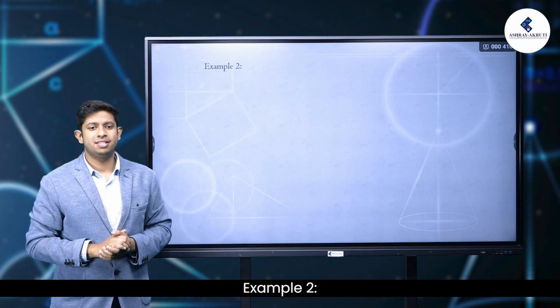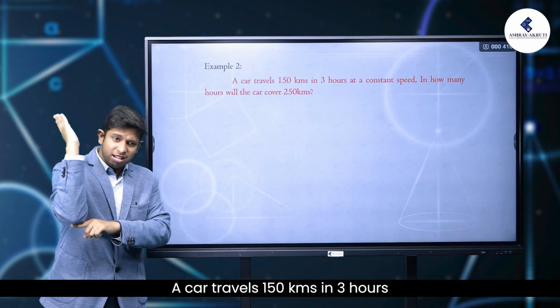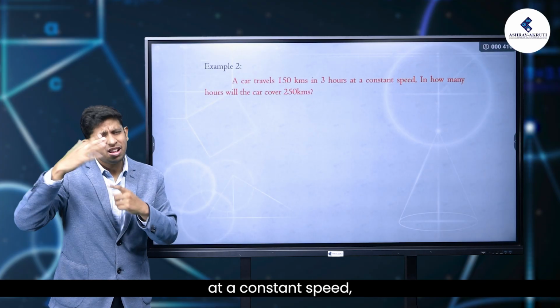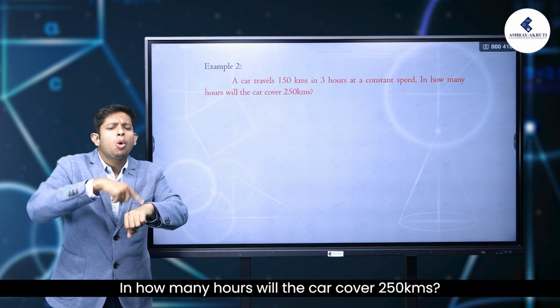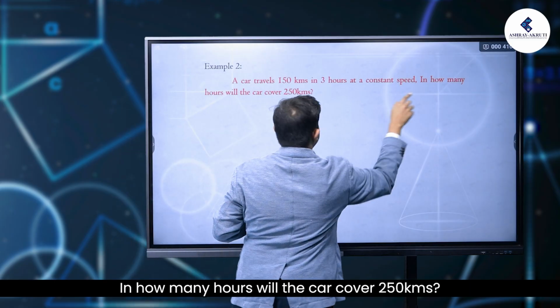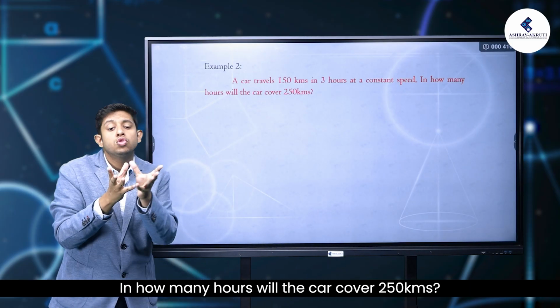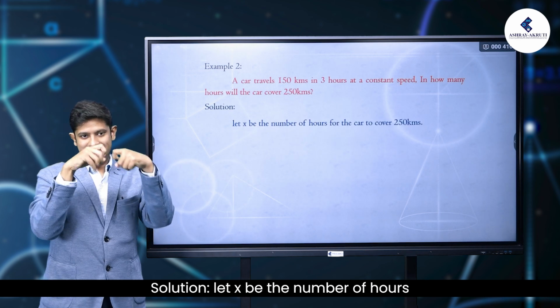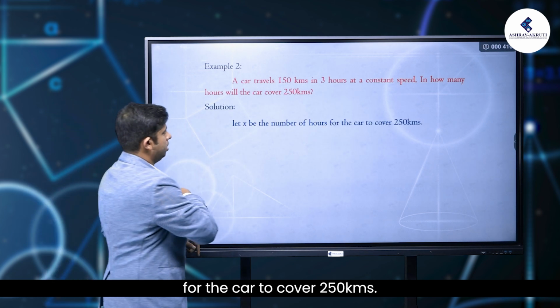Example 2. A car travels 150 kilometers in 3 hours at a constant speed. In how many hours will the car cover 250 kilometers? Solution: let X be the number of hours for the car to cover 250 kilometers.